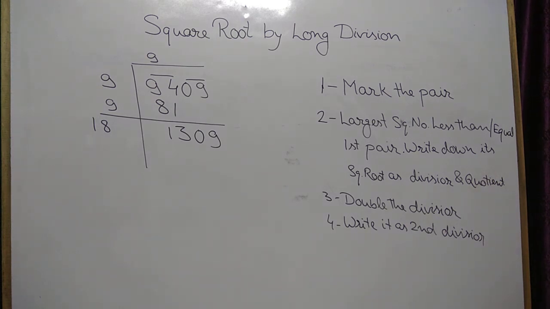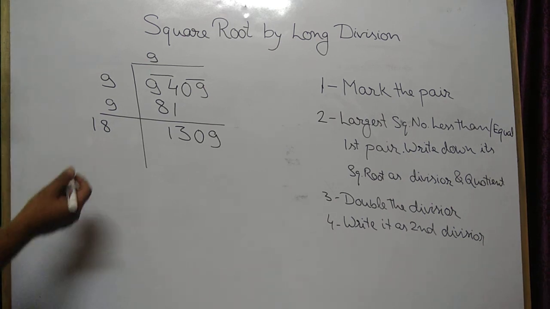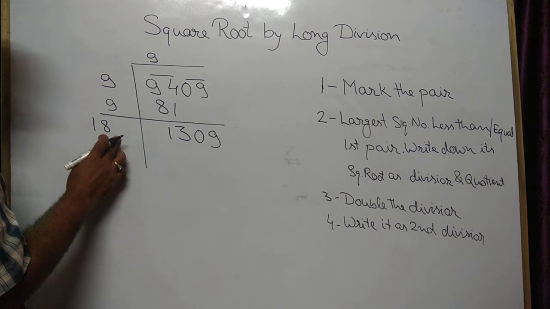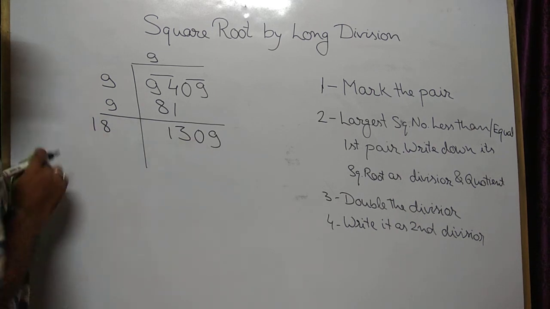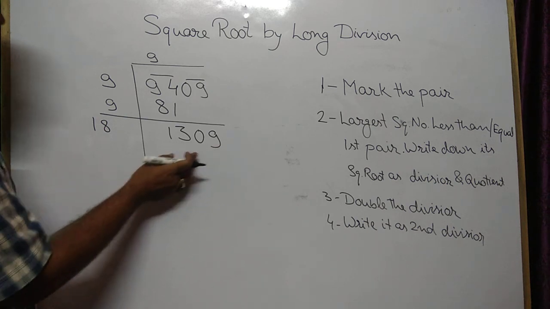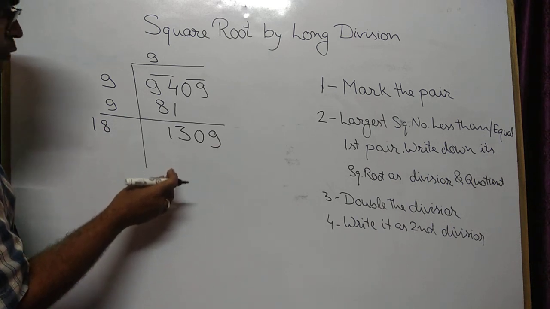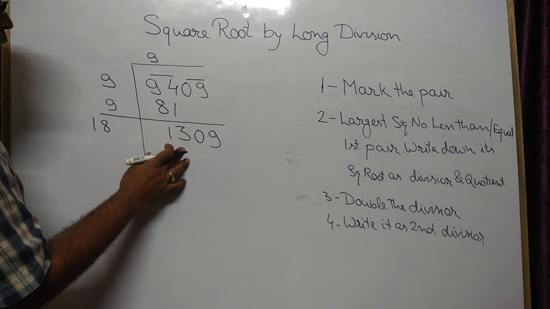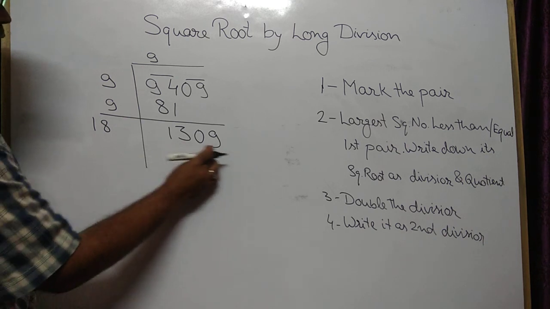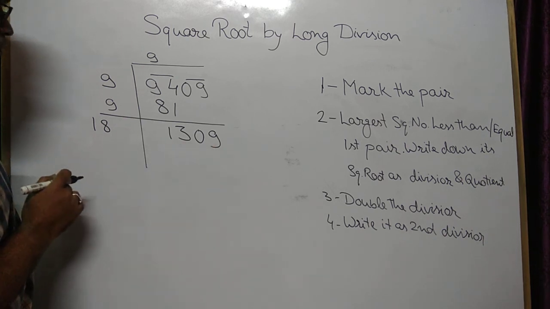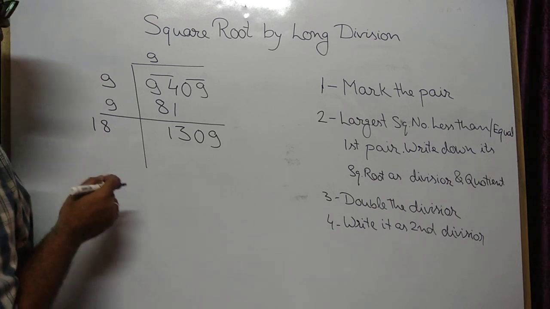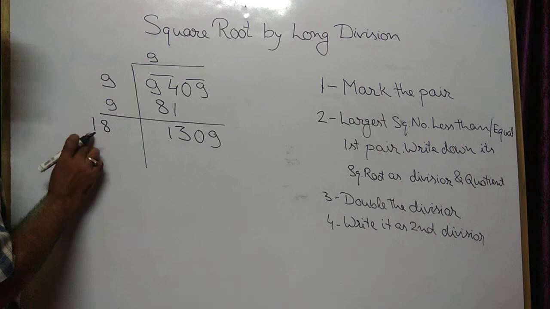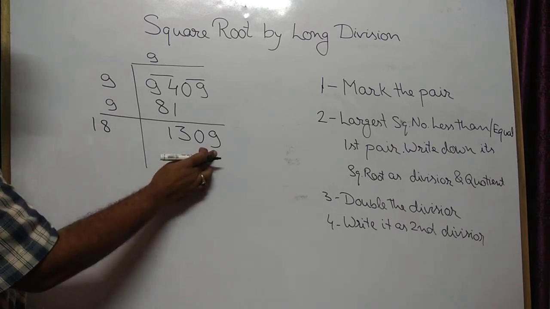Now choose a number so that we can easily divide this. We have to find the square number which is less than or equal to this complete dividend. We find that number by looking at the end of the number, 9.